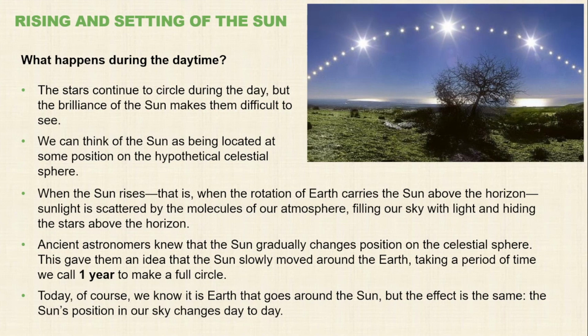The atmosphere is lit up with all the photons, light particles from the sun. It obscures every background star. We don't see them. The only chance we see them is during the solar eclipse, when the sun is completely blocked by the moon. And so during the day, we don't see stars.